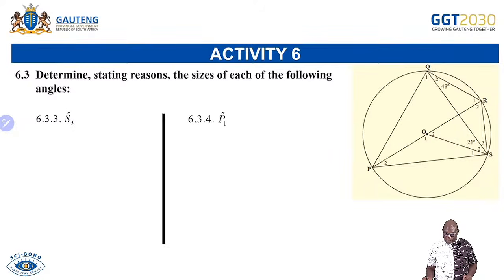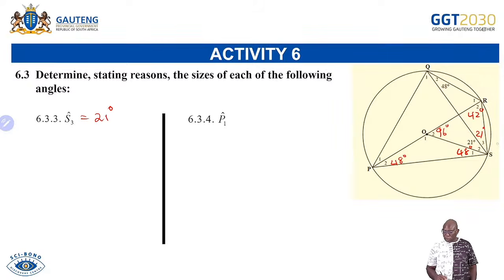Right, S3, we know this is 42, this is 48, 48, 96. This is 21. So I need S3. Oh, I already have S3, 21 degrees.